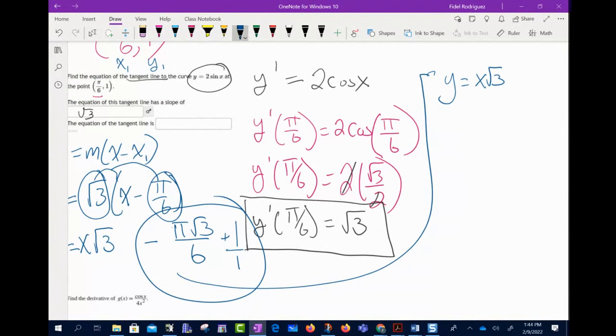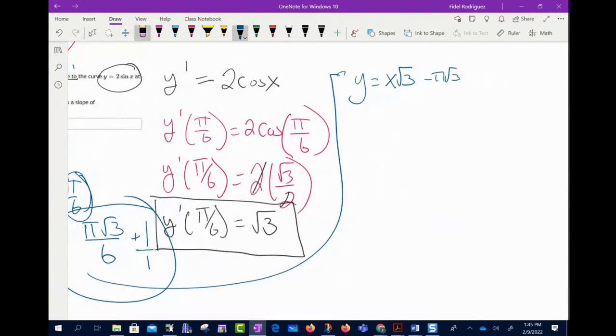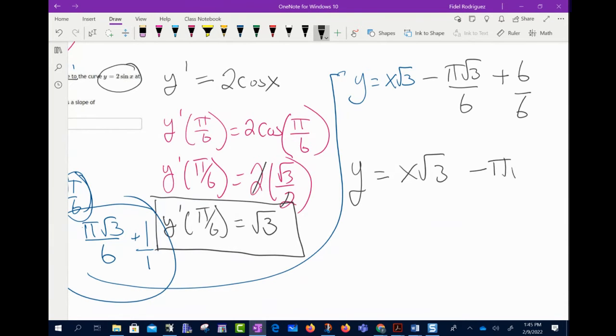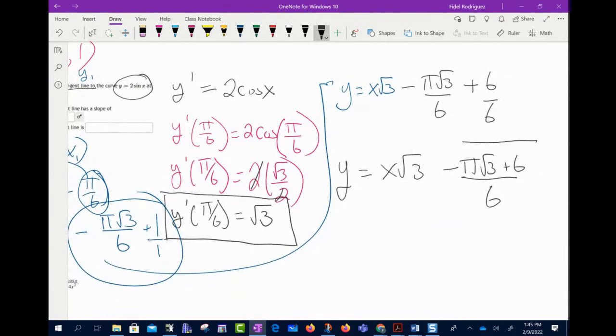And what would my common denominator be here? Okay, so look, we're going to write minus pi square root of 3. Let me fix that because it looks a little bit messy. Minus pi square root of 3. Now we're adding 6 over 6. And there we go. Here is my equation.